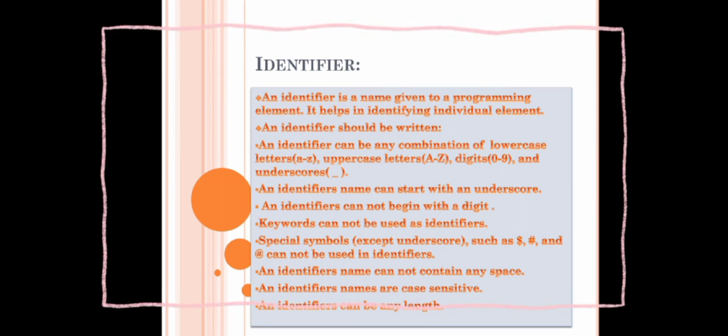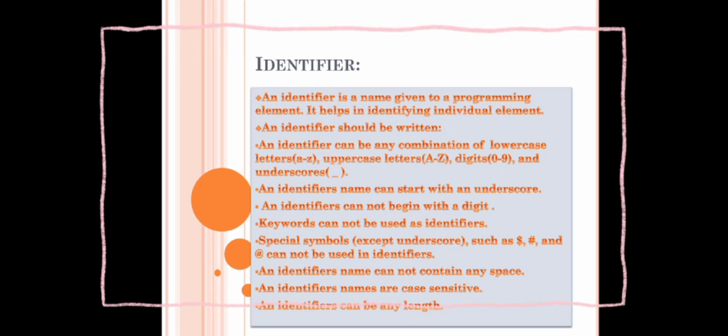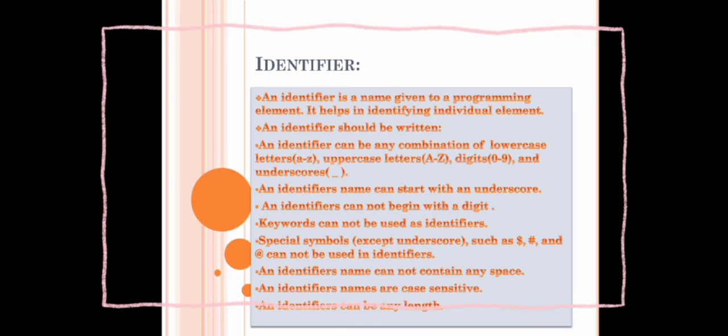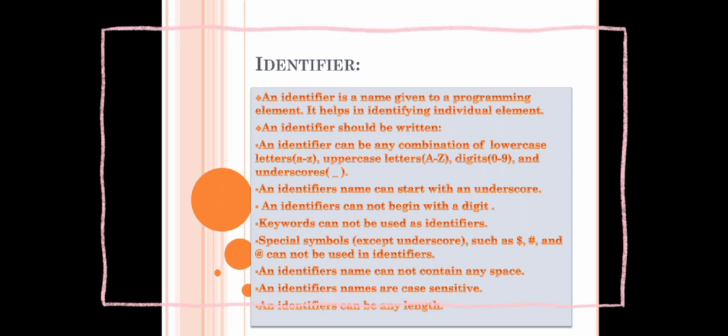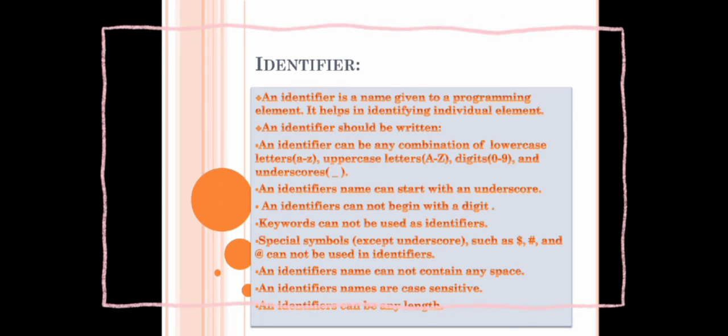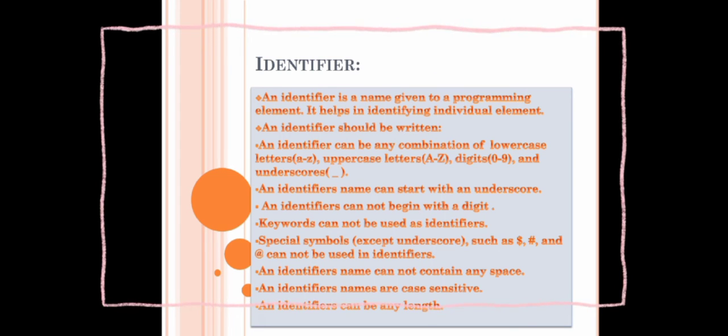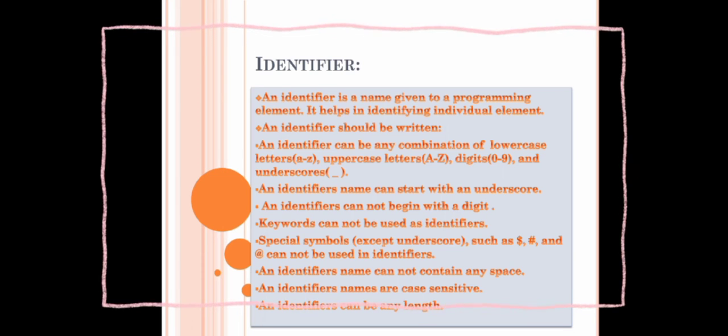Second, an identifier name can start with an underscore, for example, _myclass1. An identifier cannot begin with a digit. For example, 1bar and 1class cannot be identifiers, but variable1 is a valid identifier.